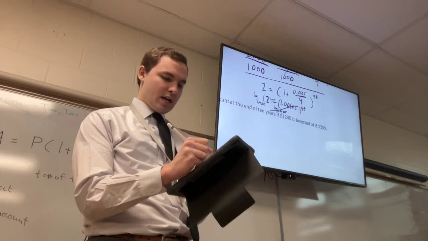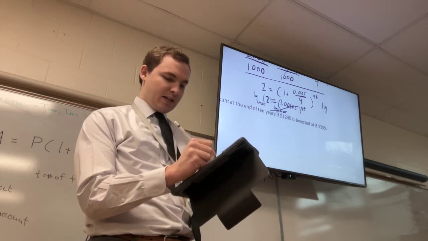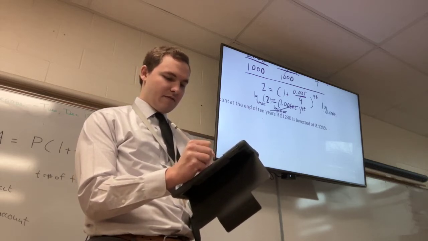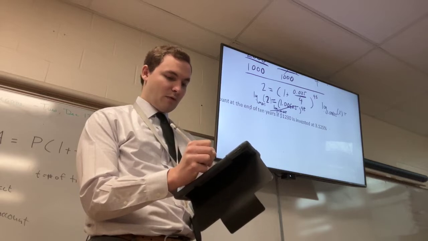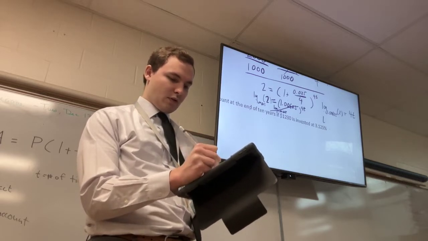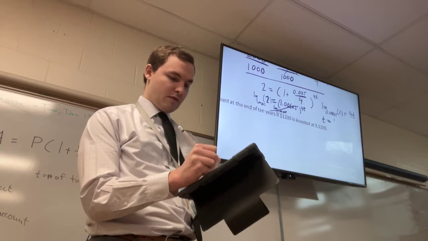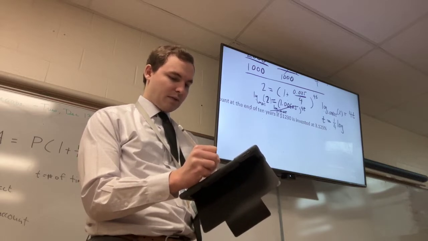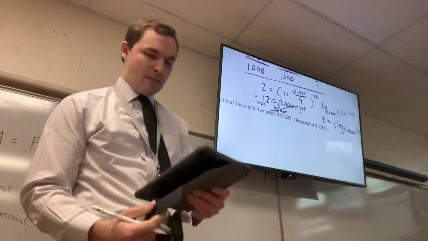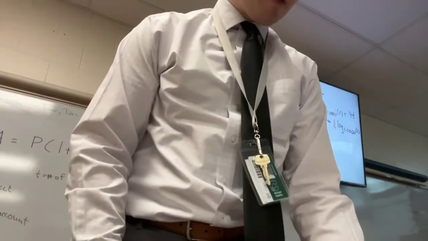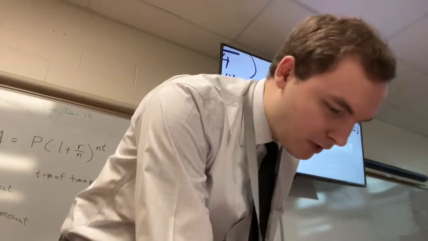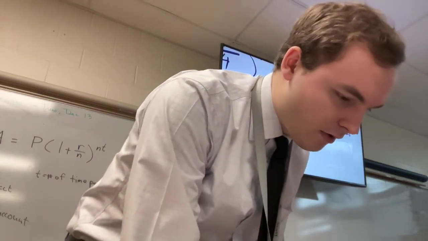We have log base 1.00625 of 2 equals 4 times t, or t equals 1/4 times log base 1.00625 of 2. Okay. All right. So now we have t by itself. We just got to plug all this into our calculator, right?